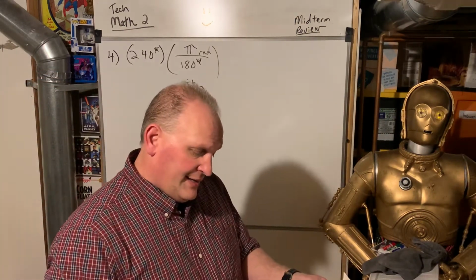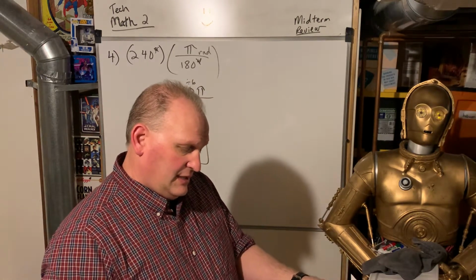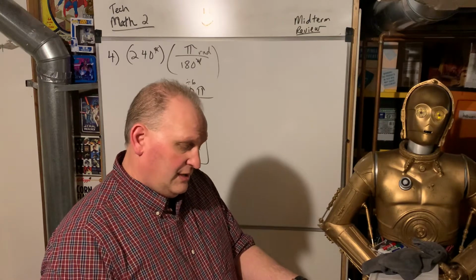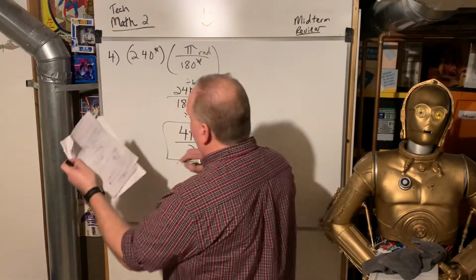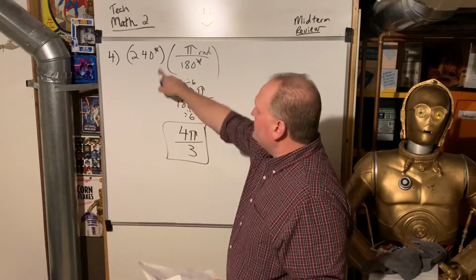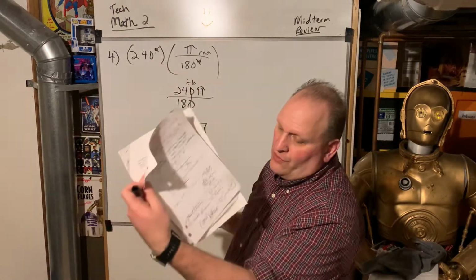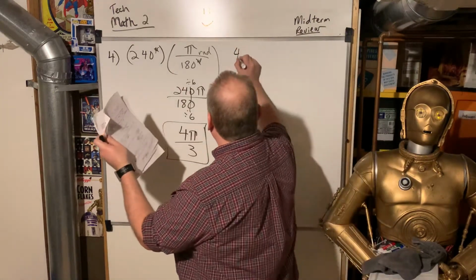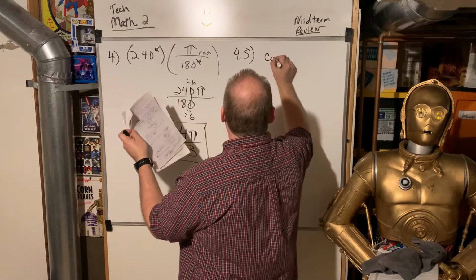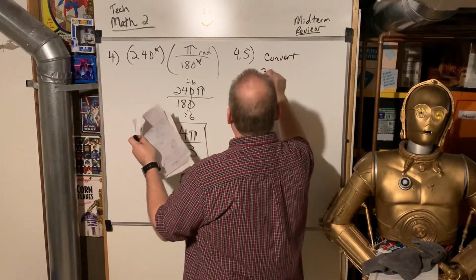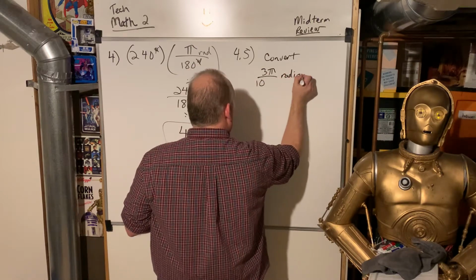Okay, let's take a look. Oh, I made one up. Because in the review they have a degrees one, and so I made one up that's 4.5. So 4.5: what if I have to convert 3 pi over 10 radians back to degrees?